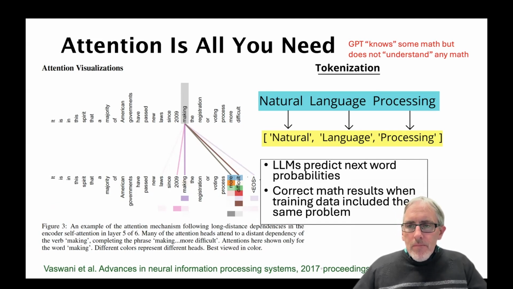But that's the reason they don't understand math, because if they've encountered a specific equation like 2 plus 2 equals 4, they will be able to regurgitate that, but that doesn't indicate a deeper understanding of the underlying math, which is where the math errors come from.